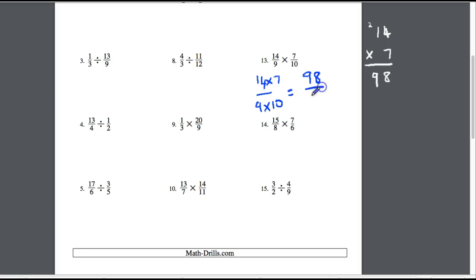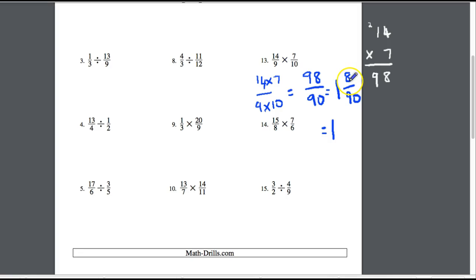So it's 98 on 90. And that's an improper fraction because the numerator is bigger than the denominator. So how many 90s go into 98? We have 1, and how many remaining? 8. 8 over 90. Now, that actually simplifies a little bit further because these have a common factor.